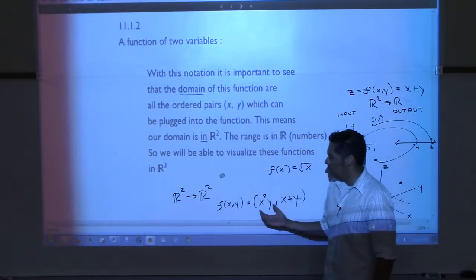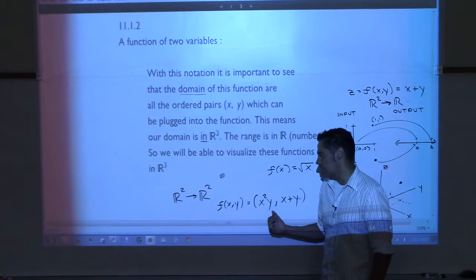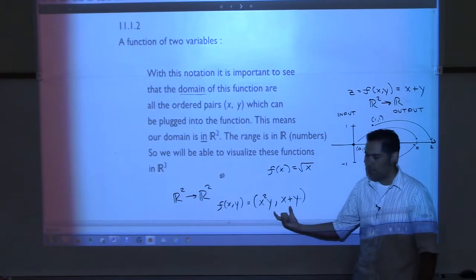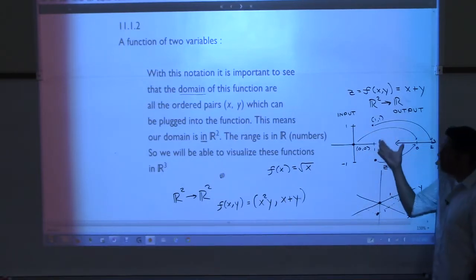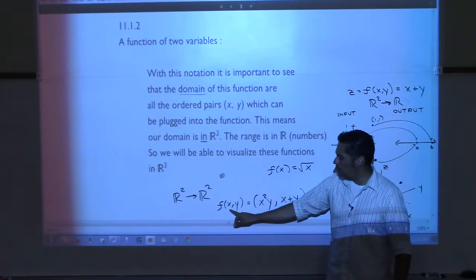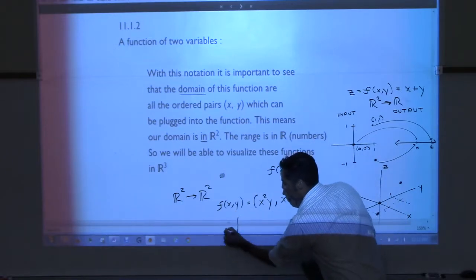I'm showing this one to you for a reason. Do you see that it's a 2-dimensional input? Do you see that the output's 2-dimensional? Do you see where I would run into a problem if we tried to visualize it? To visualize the input, you're going to need something that goes from R2, right?